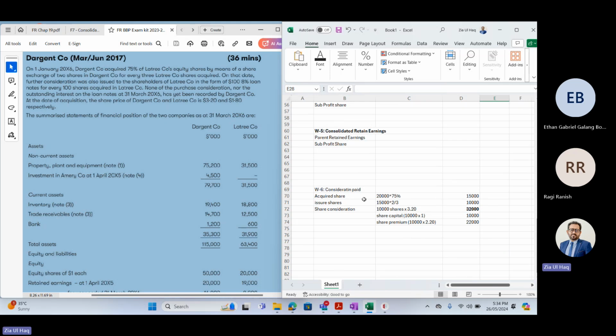How many shares you acquired? 15,000. So now we are moving towards calculation of loan note.